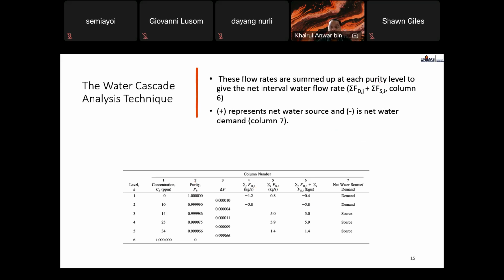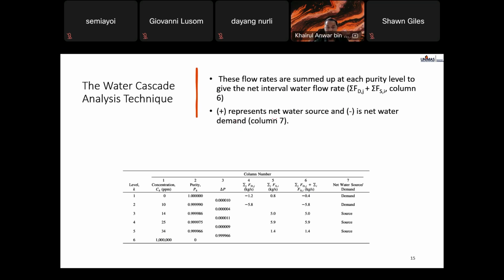The flow rates are summed up at each purity level to give the net interval water flow rate, FDJ plus FSJ, column 6.